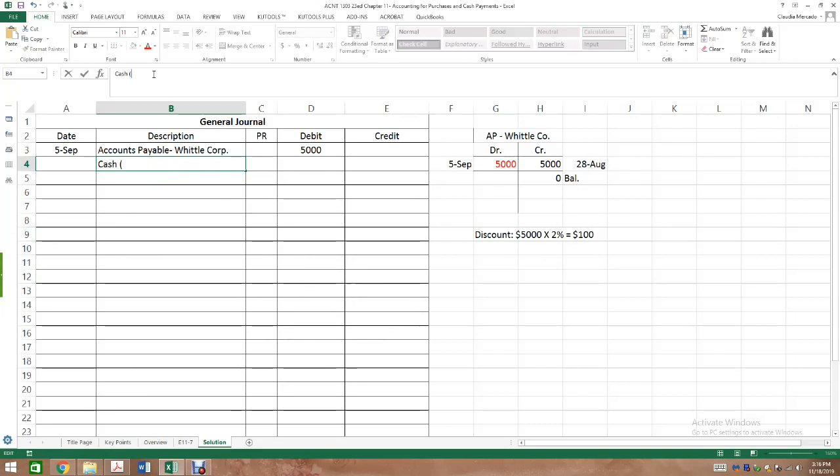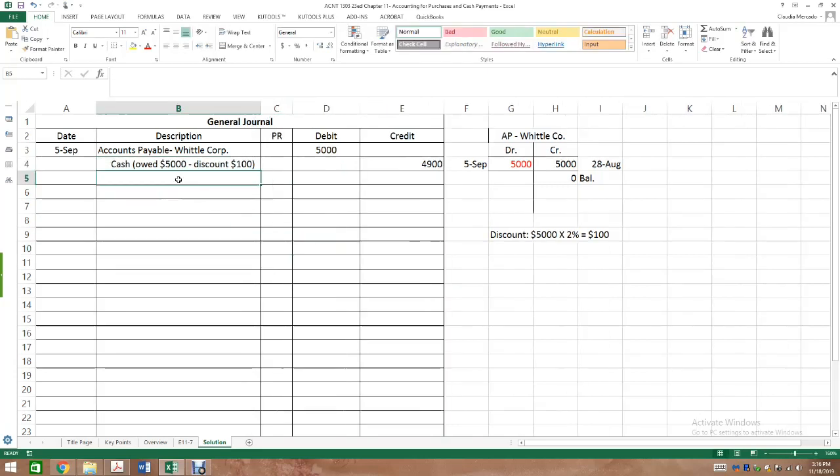Well, I owed $5,000 minus the discount of $100. So I'm only going to pay $4,900. So if you see, I have a debit for $5,000, a credit for $4,900. I'm not in balance. Well, I'm not in balance because I need to record the discount.